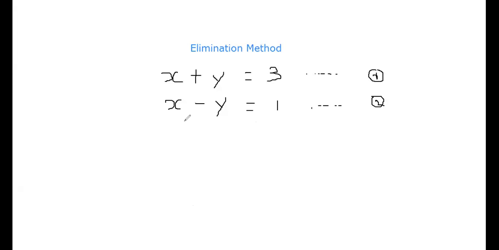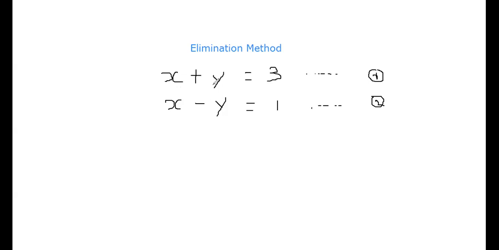Good. So, elimination method. Here you notice that there are two variables, x and y. We need to know which variable we're looking for first.